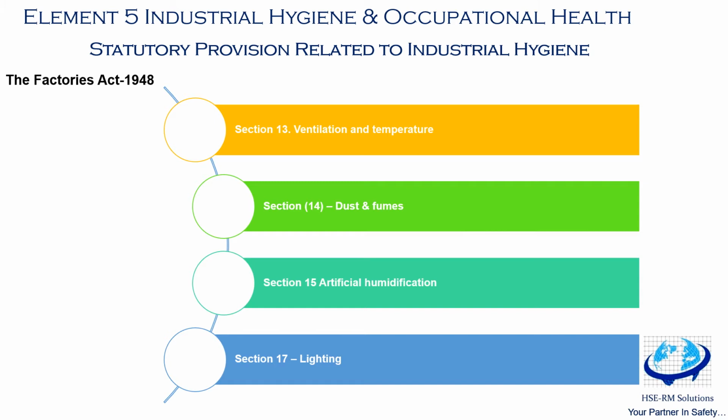Second point is, in any factory, no stationary internal combustion engine shall be operated unless the exhaust is conducted into the open air, and no other internal combustion engine shall be operated in the same room unless effective measures have been taken to prevent such accumulation of fumes therefrom as are likely to be injurious to workers employed in the room.